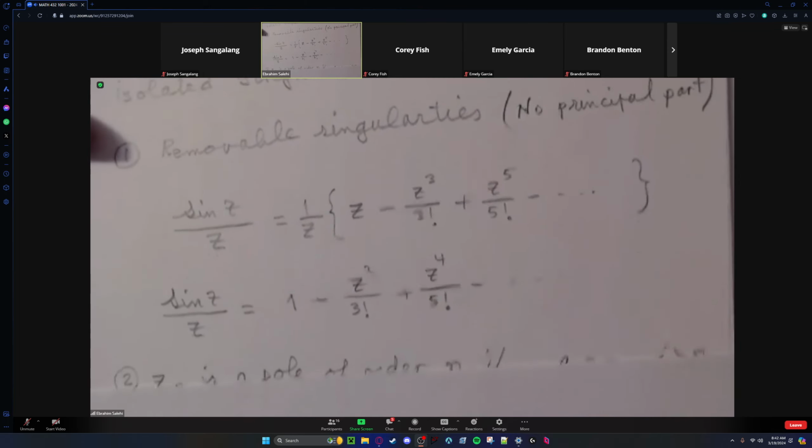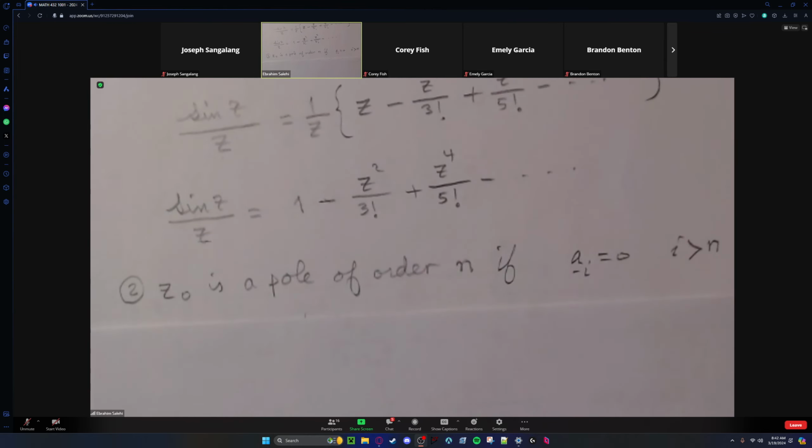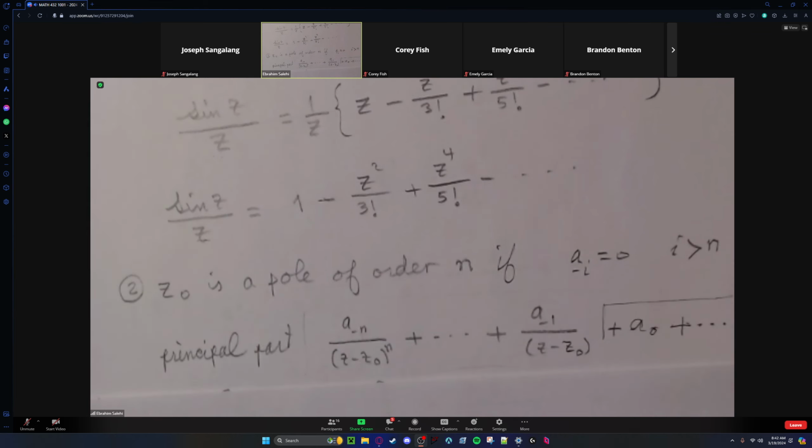Then we have a pole of order n. And pole of order n is when you look at the principal part, you have a finite number of terms, right?